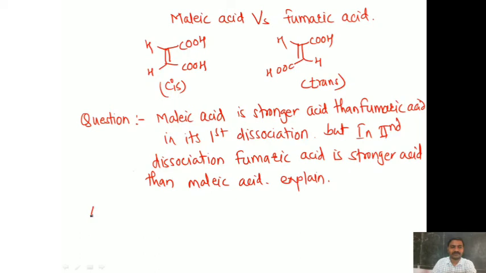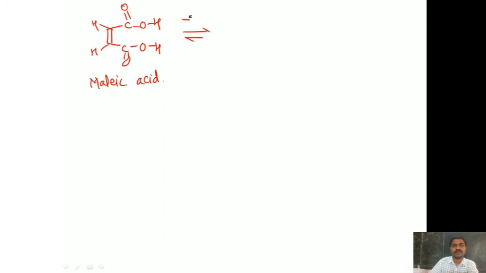Okay, now here first we will see the dissociation of malic acid. This is malic acid. First dissociation is like this. So conjugate base of malic acid is formed.